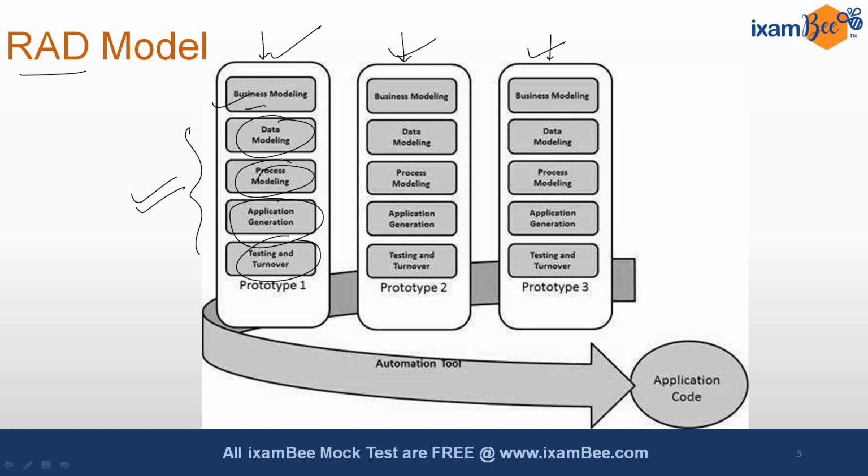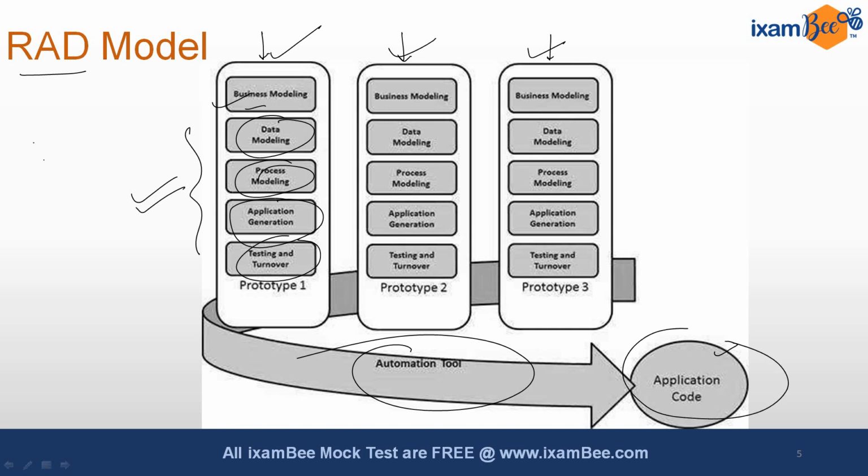Basically, these are the steps which RAD involves. In data modeling, if you have provided this much data, what should be the output; then process, which kind of process we are going to follow; application generation, like the integration of everything; and then testing. Okay, so after all these prototypes are developed, we use a manual tool, or it can be automated also, to combine all these and get the application code.